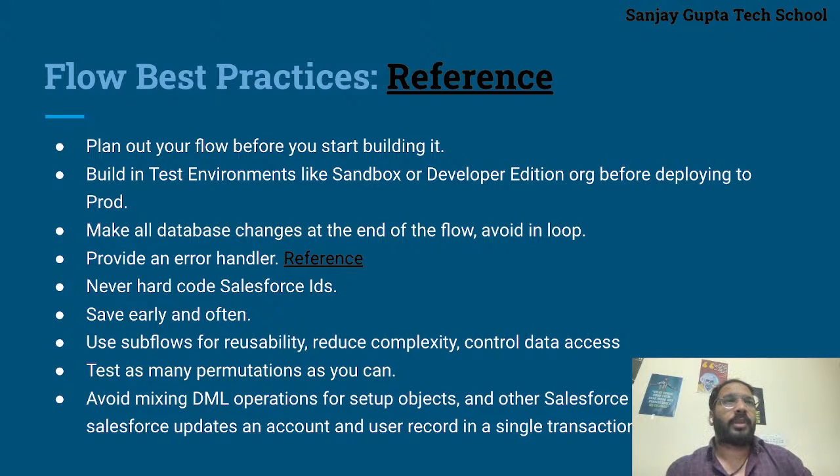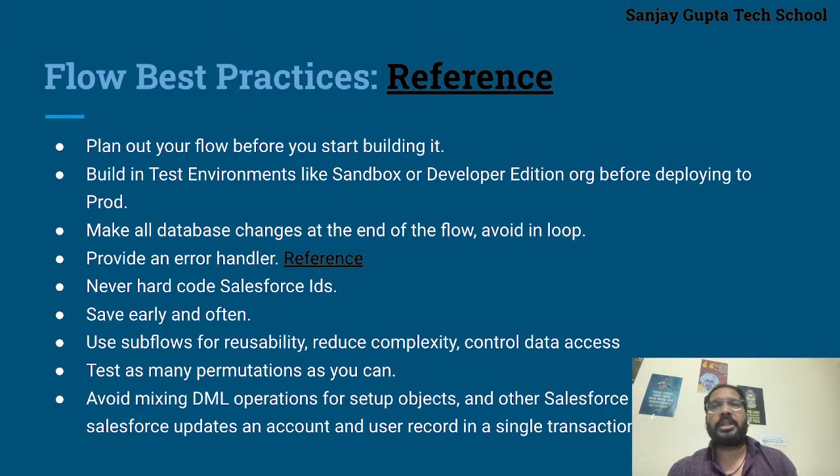Then the third point says make all database changes at the end of the flow, avoid them in a loop. I hope you remember this if we have implemented the loop. We always used update record or create record once the loop is completed. If you put those update record and create record elements inside the loop, they will execute as many times as the loop does.